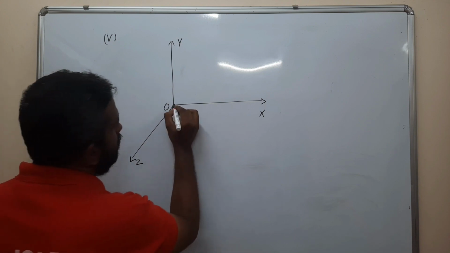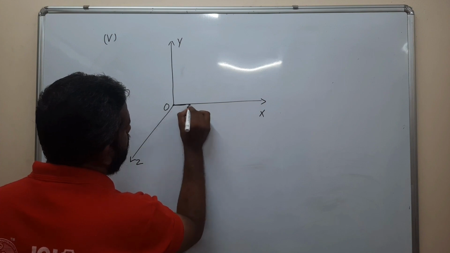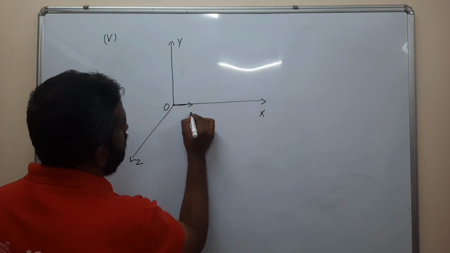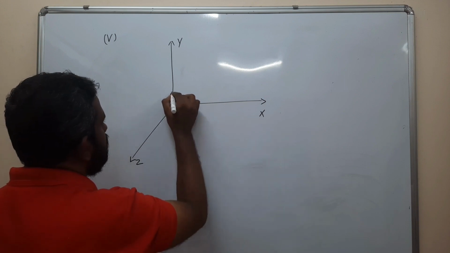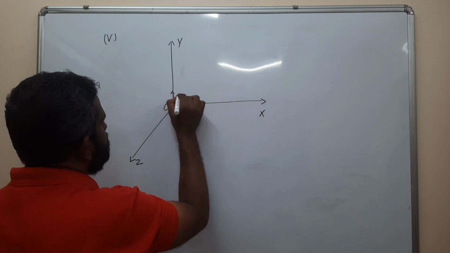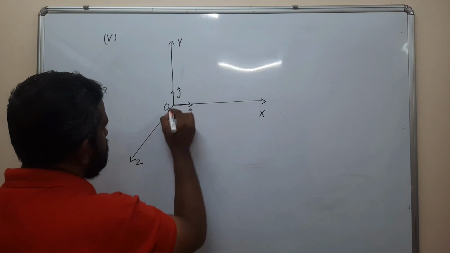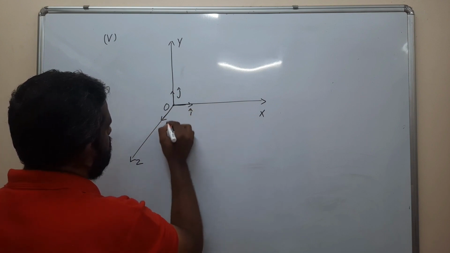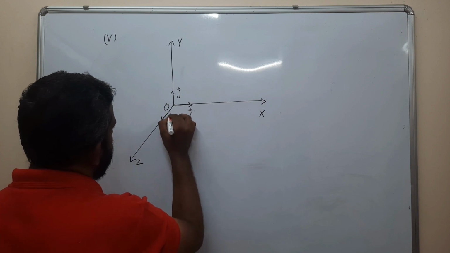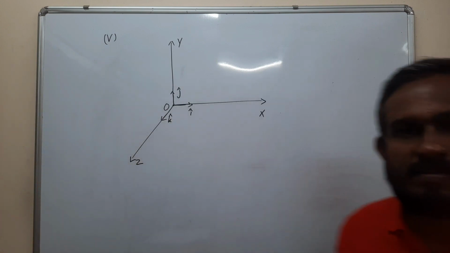So I cap is the unit vector along the x-axis, J cap is the unit vector along the y-axis, and k cap is the unit vector along the z-axis.